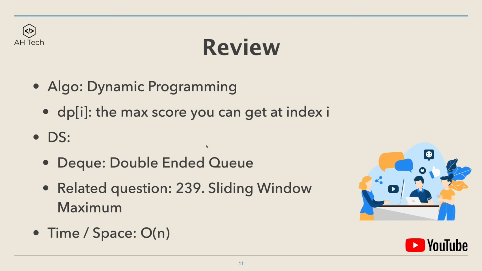And this technique is what we use in solving the related question 239, sliding window maximum. So be sure to check out this question as well. And the time and space complexity of this approach are both linear, big O of n, because we are looping through the array once, and we are maintaining a deque to keep track of the sliding window maximum.